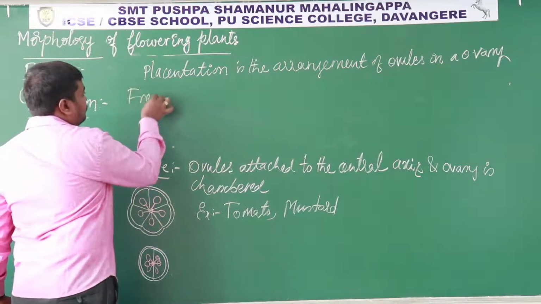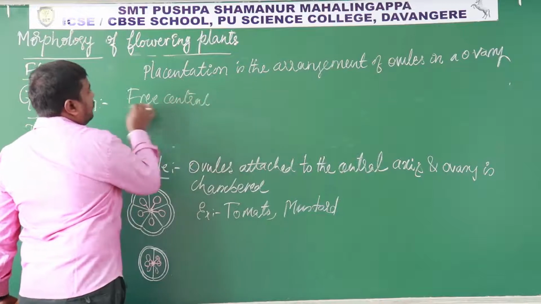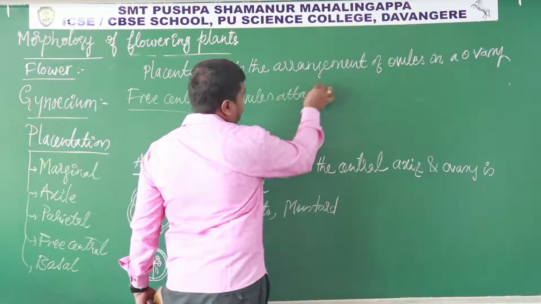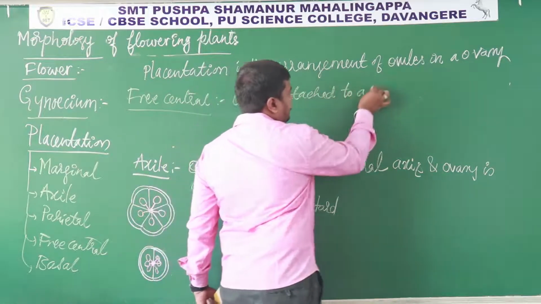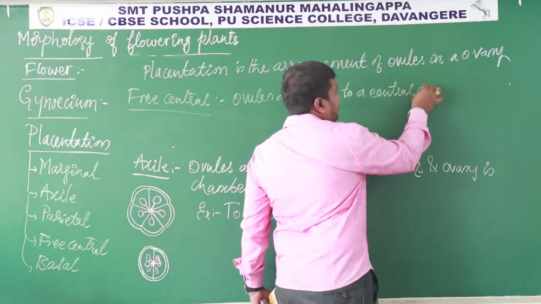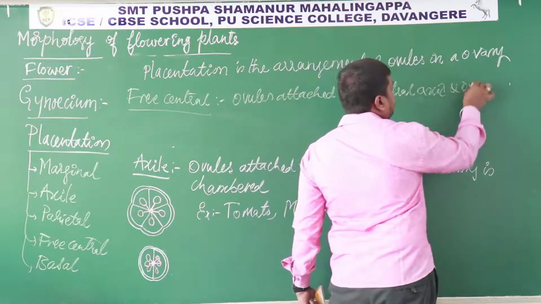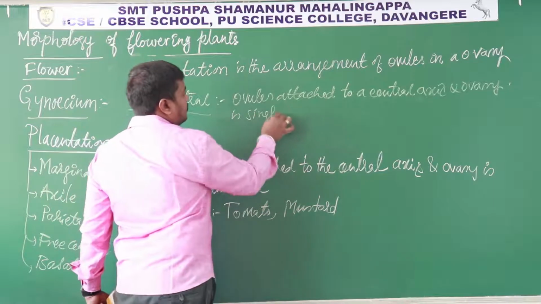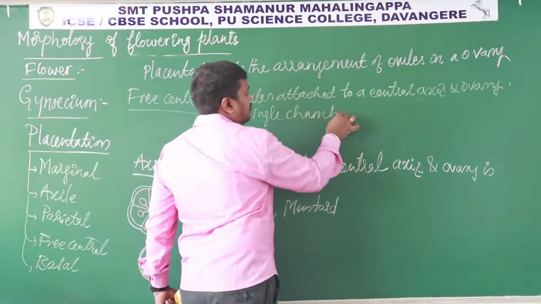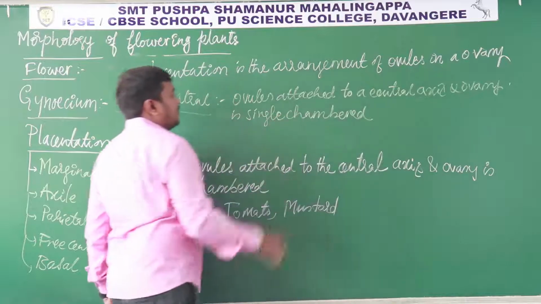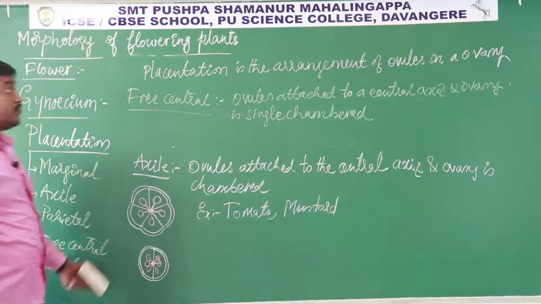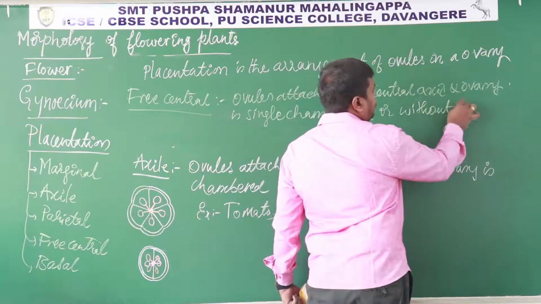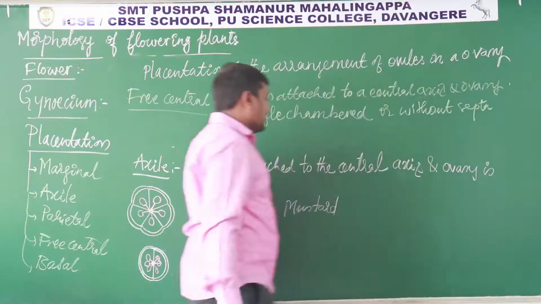So in free central, ovules attached to a central axis and ovary is single chambered, or without septa. ಯಾವುದೇ ಕ್ರಾಸ್ ವಾಲ್ ಇರಲ್ಲ ಅದರಲ್ಲಿ ಅಂತ.